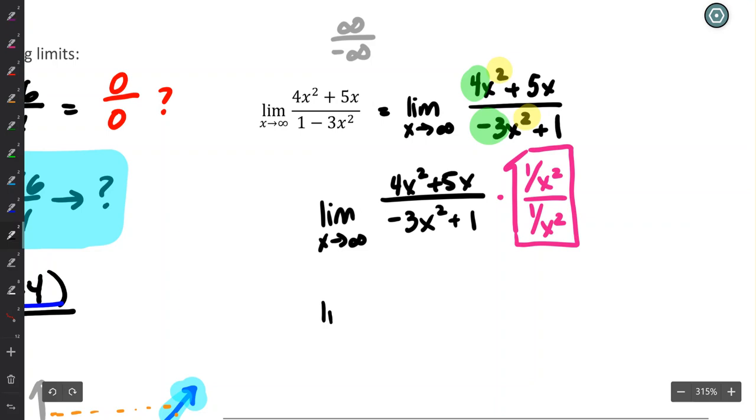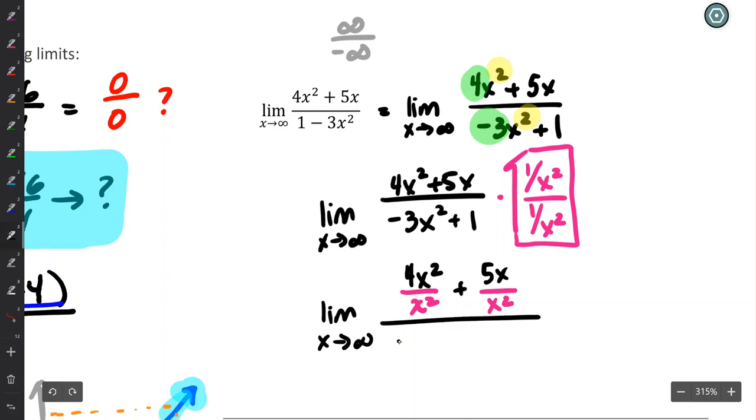Multiplying fractions straight across, we have 4x squared, and distributing this all over x squared, plus 5x all over x squared. That's my numerator. My denominator is a minus 3x squared all over x squared plus 1 all over x squared.